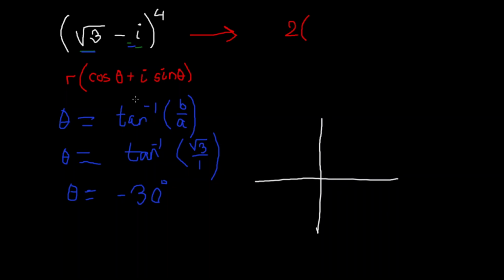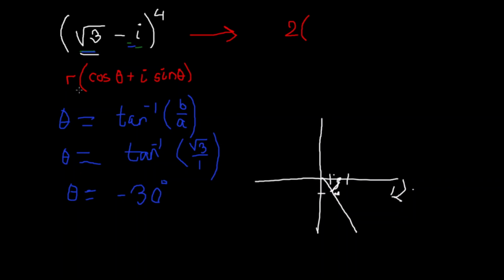So the real part, square root of 3, is positive, so it should be somewhere between 1 and 2, and negative 1, the I, is down here, so in the fourth quadrant. And negative 30 degrees is in the fourth quadrant. So this is the right angle.